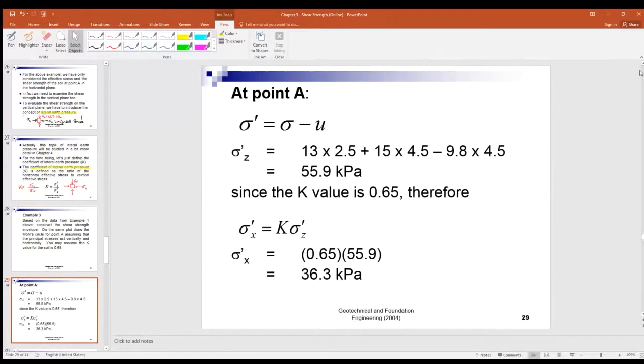Now, here comes the solution. The vertical stress is 55.9 kPa. And here you got the K value, 0.65. So you can work out the horizontal stress, sigma x. Sigma x is the horizontal stress, right?